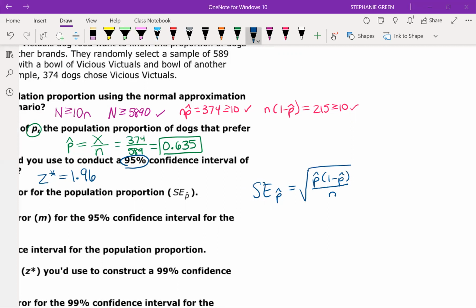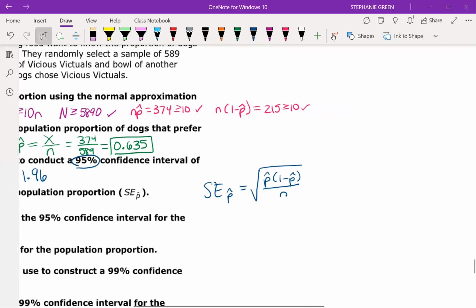And we just calculated P hat, and the part above it was 0.635, and we know N from the beginning was 589. So let's plug those in. 0.635. 1 minus 0.635 would be, let's see, 0.365.